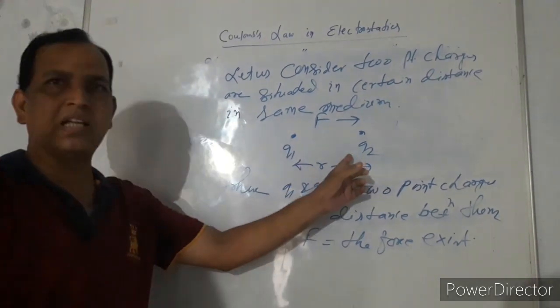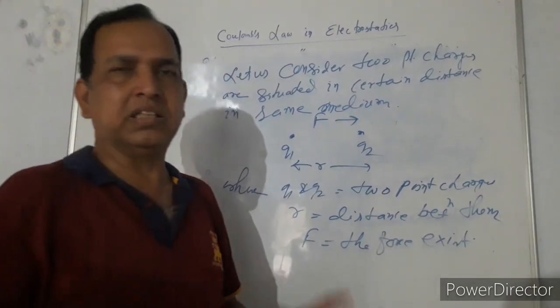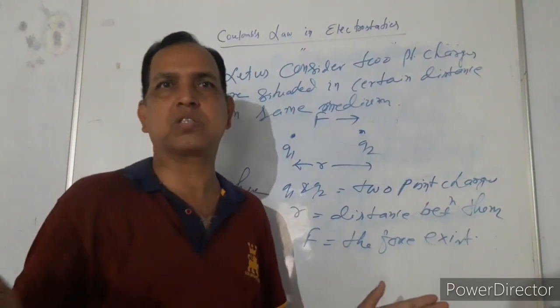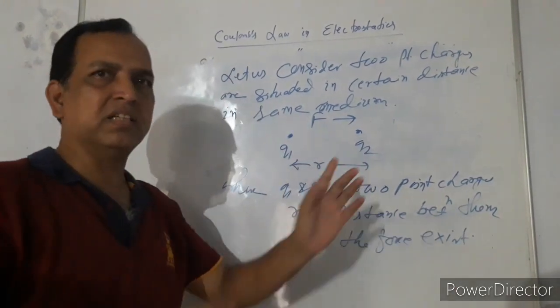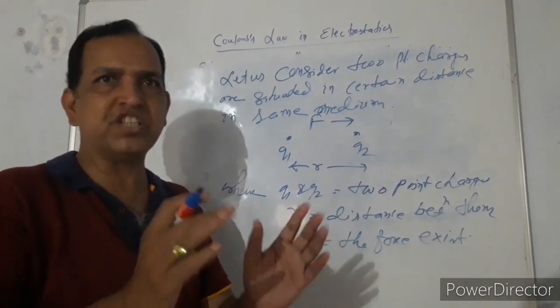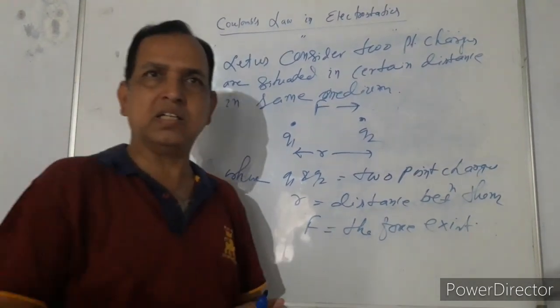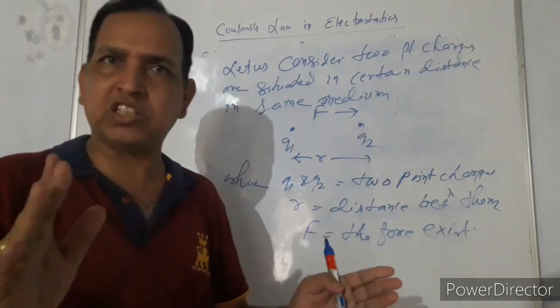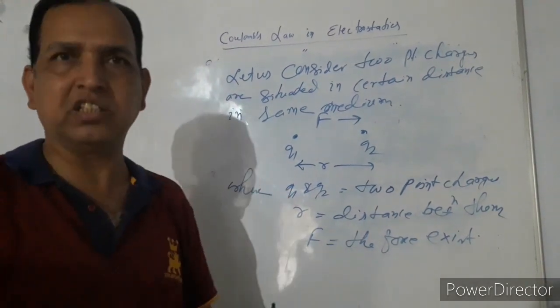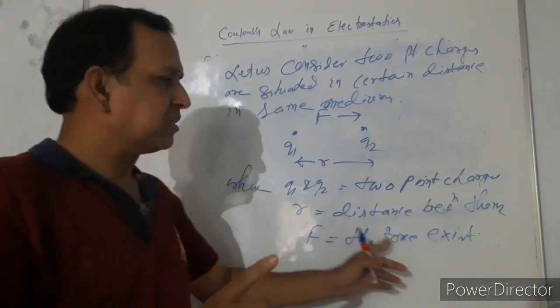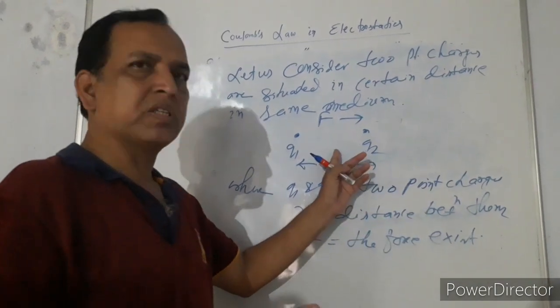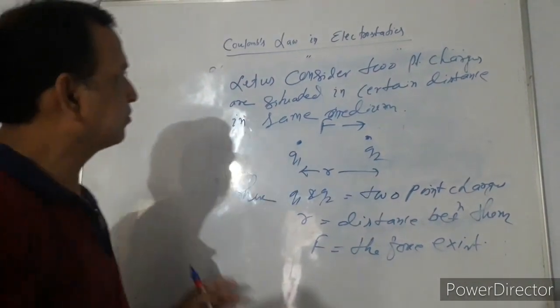If these two charges are similar in nature, then the force is repulsive. If these two charges are different, then it is attractive. We know that like charges repel each other and unlike charges attract each other.